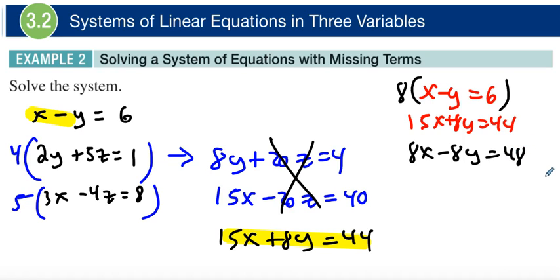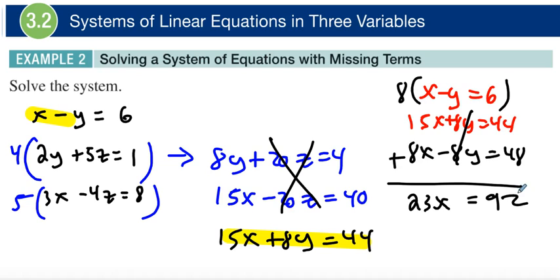All right, and then we combine those together. So I get 23x. Those are gone. And I'm going to get 92, right? Divide by 23, and I get 4. Sweet.